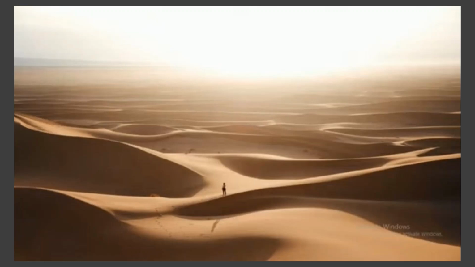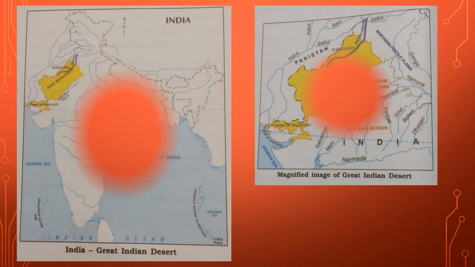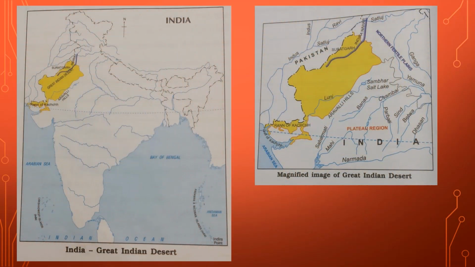Children, this picture shows desert. A hot desert is a dry, sandy region where there is hardly any vegetation due to low rainfall. Children, this India map shows the location of the Great Indian Desert.